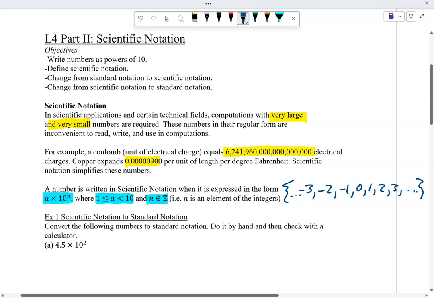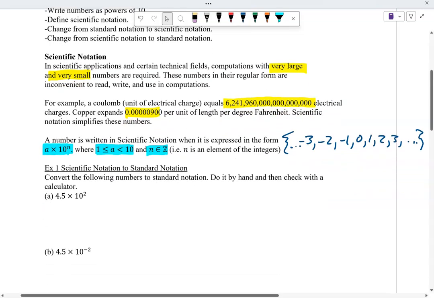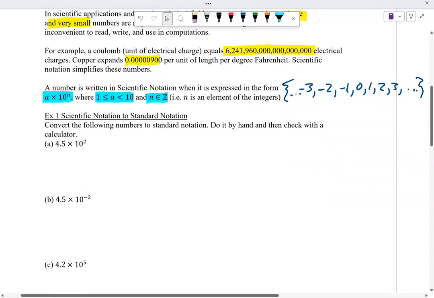So for example, let's do some scientific notation to standard notation, and then we'll go the other way around. So 4.5 times 10 squared. What this means is you have 4.5 and it's being multiplied by 10 squared. So 10 times 10, in other words, you've got 4.5 times 100.